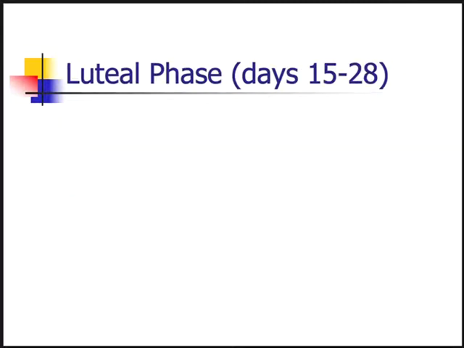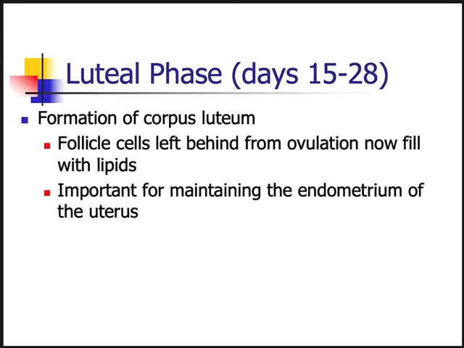Luteal phase. This is day 15 to 23. Formation of the corpus luteum, as I mentioned already in that picture: the follicle cells that are left behind after you ovulate the secondary oocyte, all that tissue that's left behind, which we'll talk about even more when we get to all the hormones, is going to fill with lipids.